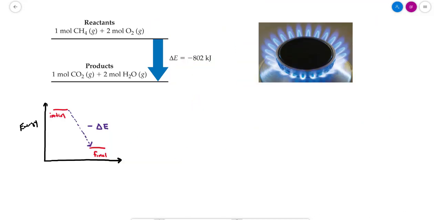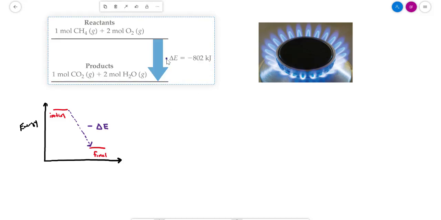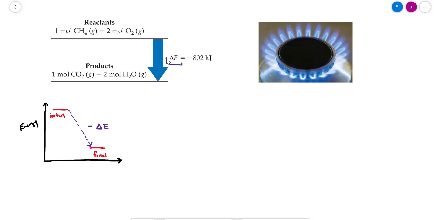When I say that this delta E, the change in energy of the system, doesn't depend on how it got there, what I'm talking about is this purple line, right? We have an initial state and a final state, and the difference between those is the delta E. That's as simple as it gets.